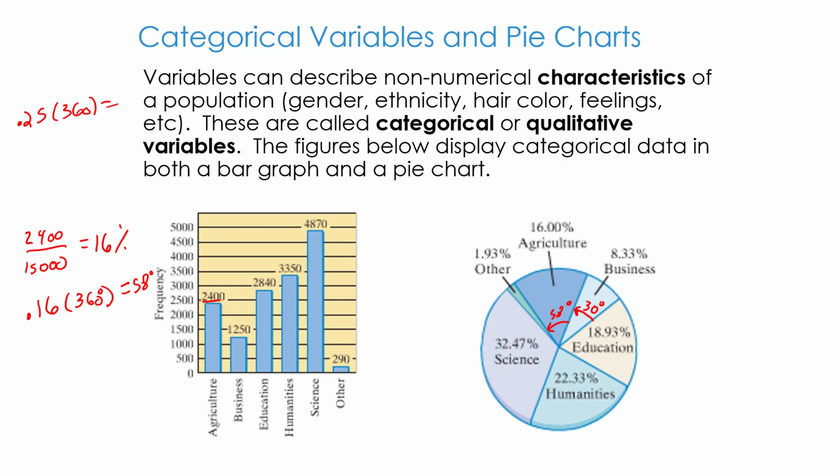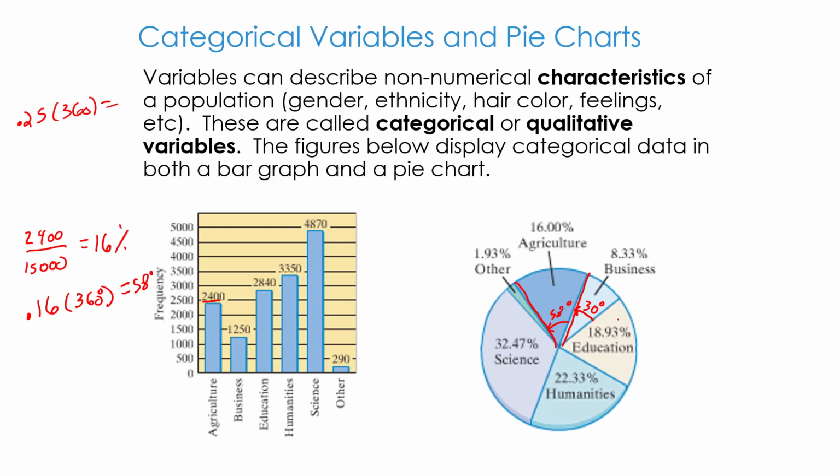It doesn't really matter where you start. You could have started your first wedge right here, and if you're doing agriculture, you rotate it 58 degrees to get the other side of that wedge. And then if you're doing business, this right here has to be 30 degrees.